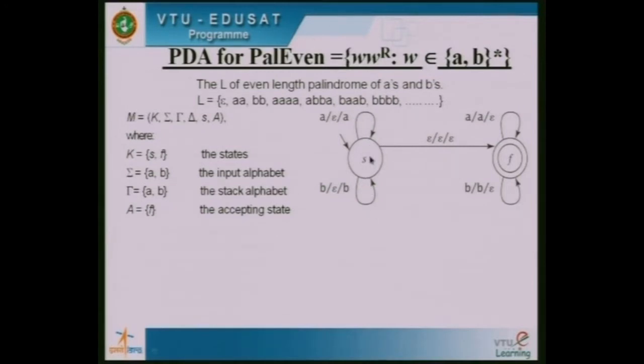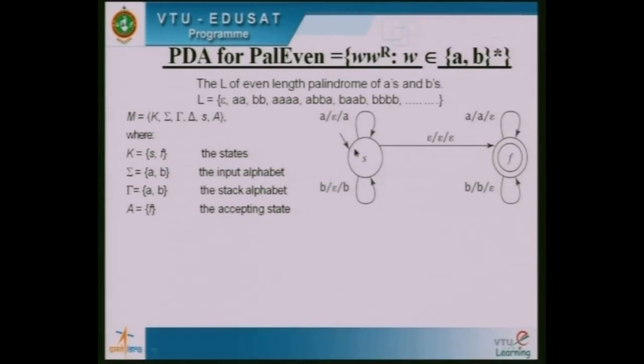So, the transitions at state S are: if the input is A or input is B, then push A or B into the stack. All possible strings W, combinations of A's and B's, will be pushed onto the stack.